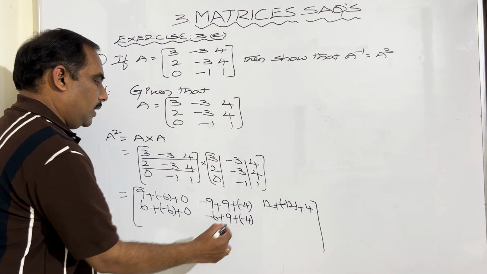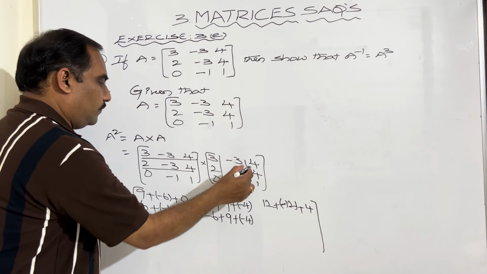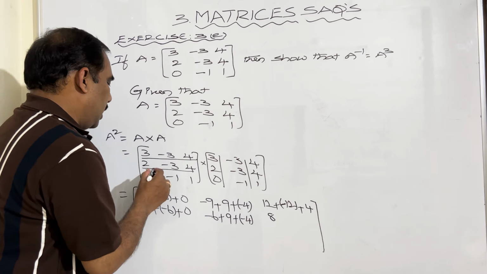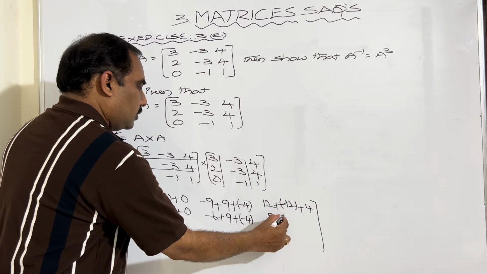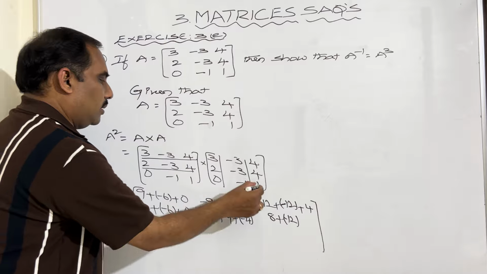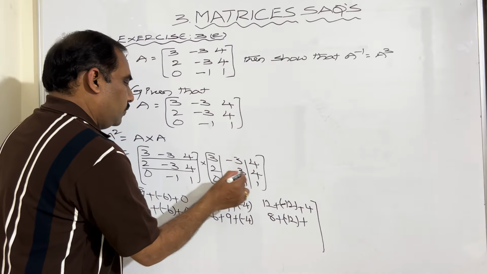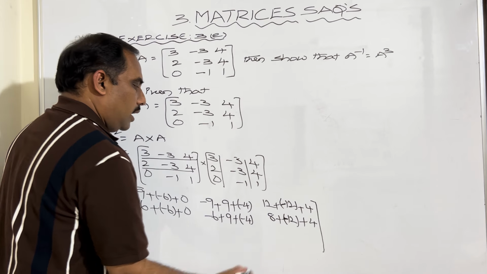Second row, third column: 2 into 4 is 8, plus minus 3 into 4 is minus 12, plus 4 into 1 is 4.